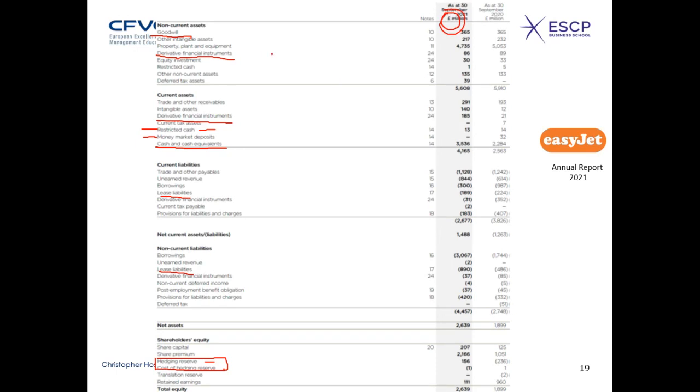Maybe an interesting difference is, remember we talked about the right of use assets, leasing and so on. We see that EasyJet does not show a right of use asset. Does that mean they don't have lease contracts?